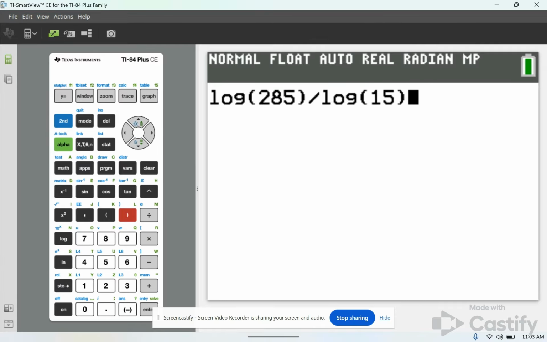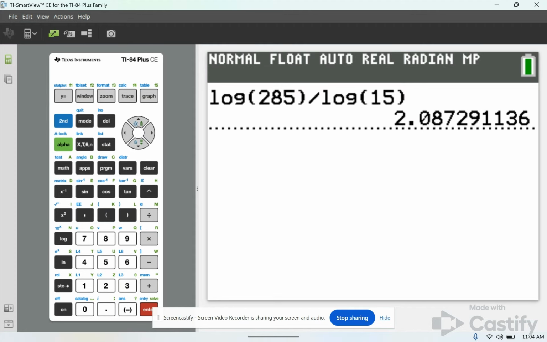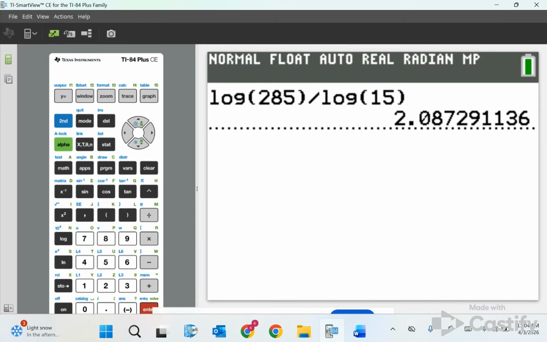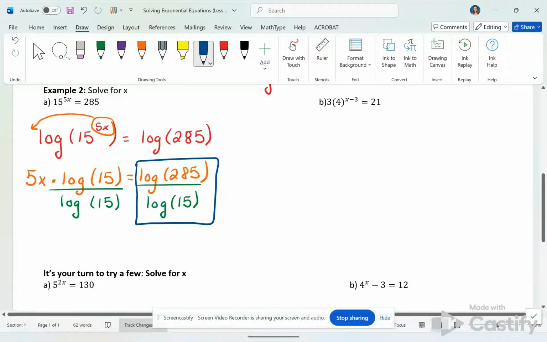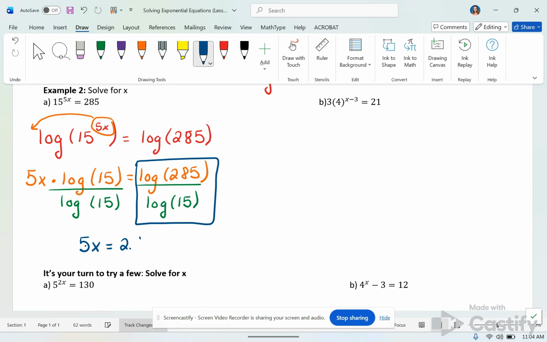If you don't have that parenthesis in there, it's taking the log of everything together, and that is not what we want. So we get 2.019, so that is what I'm going to write on to our notes here. So I ended up getting 5x equals 2.09.